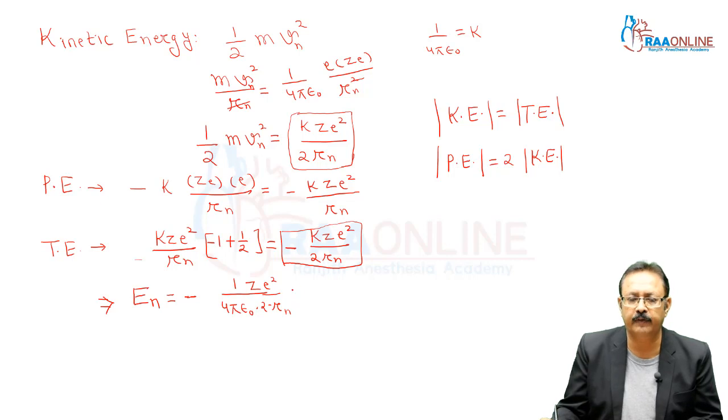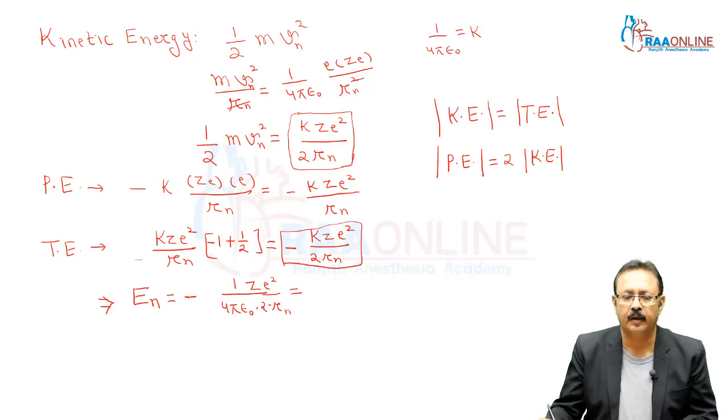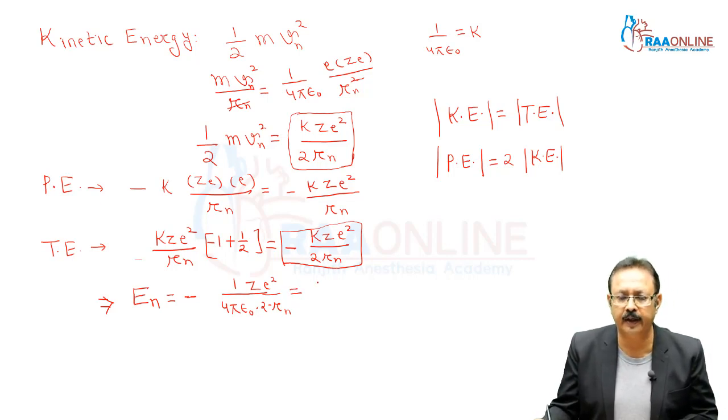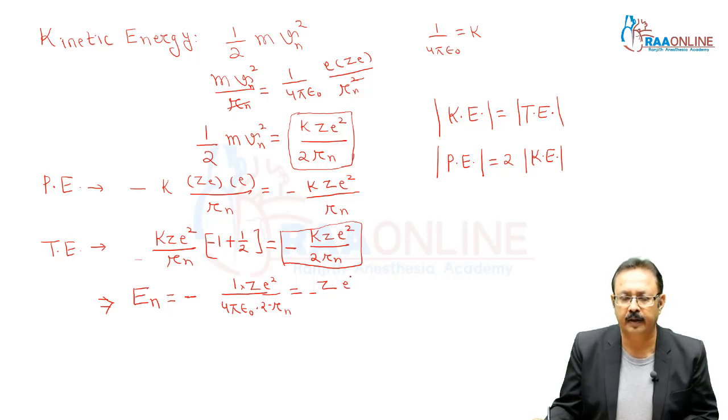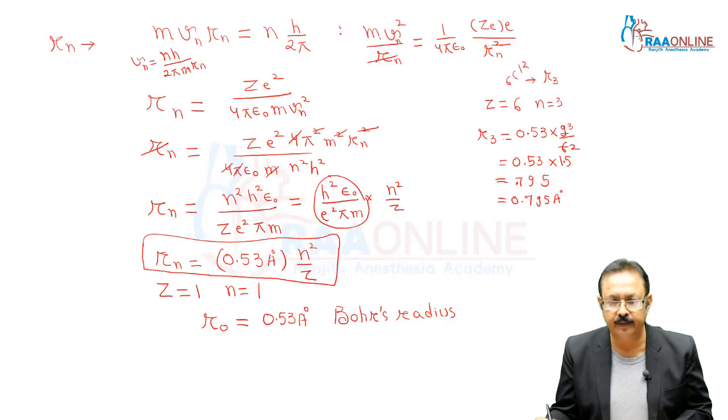I am going to put the value of Rn. So in the numerator we get minus ze square divided by 8 pi epsilon naught into Rn.